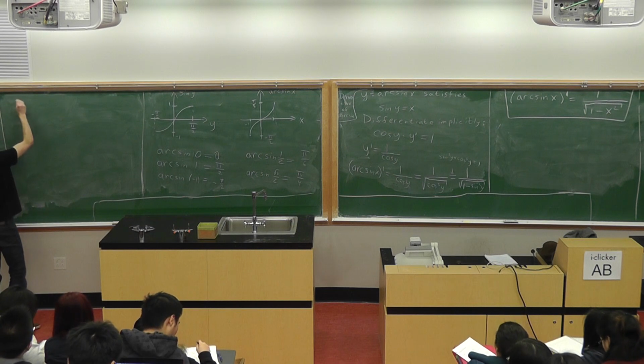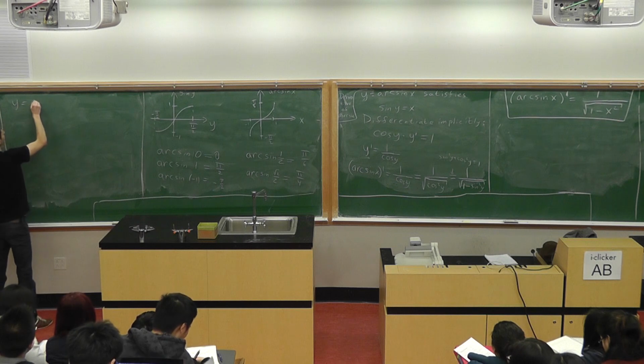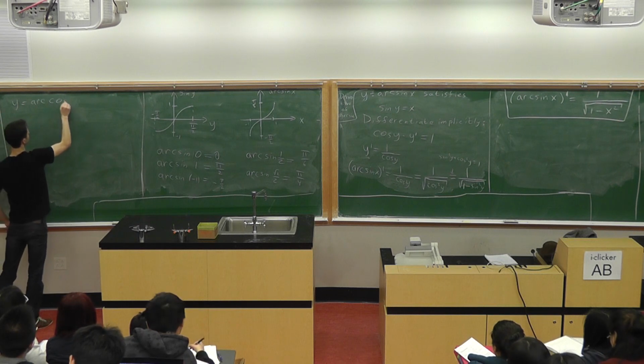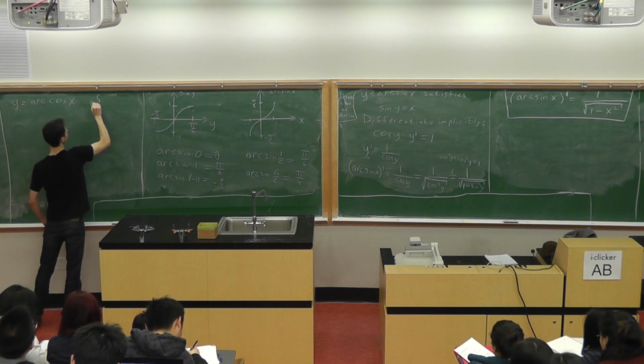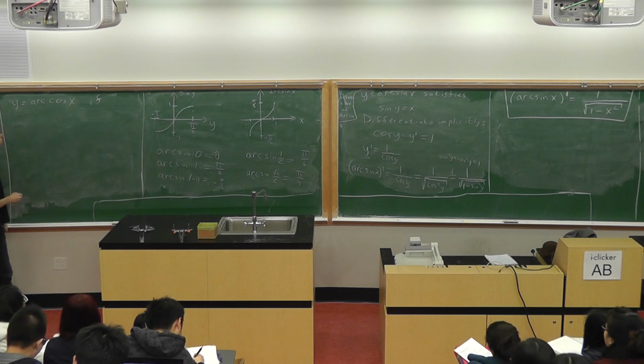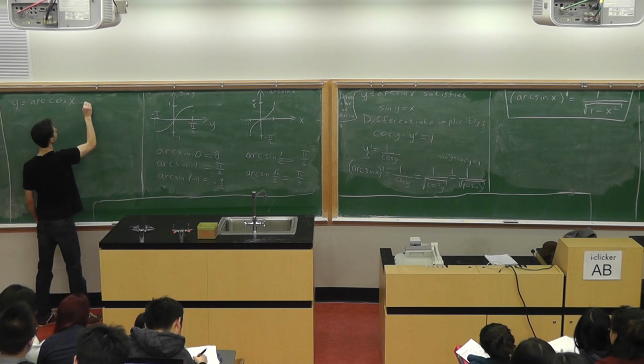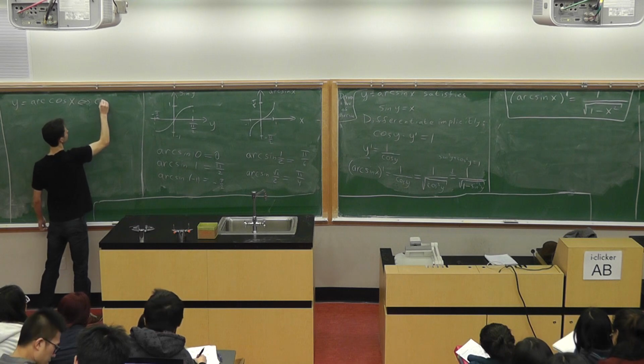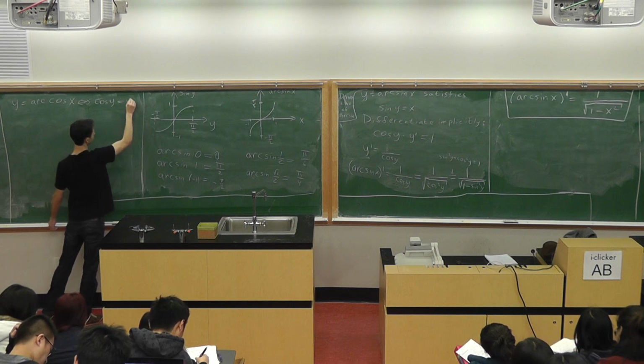So arc cosine. y is arc cosine of x if and only if cosine of y is equal to x.